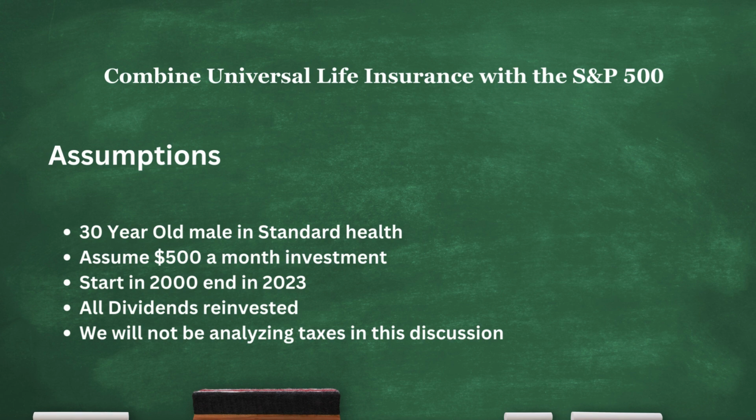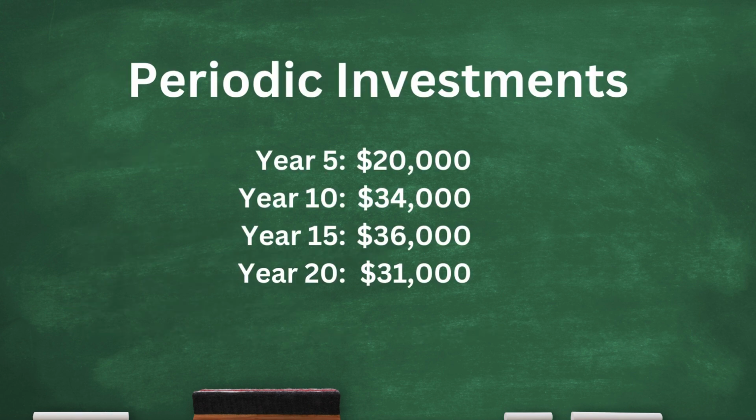So we have our baseline: $500 a month starting in 2000. With the universal life, what we're going to do instead is put that $500 a month into the policy. Now, this is where it gets a little flexible.